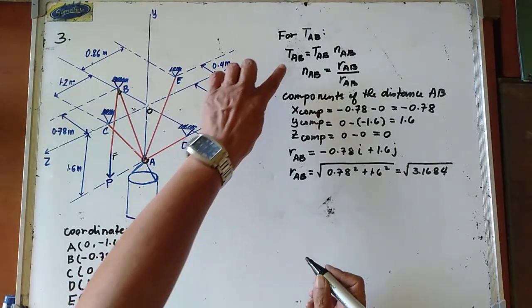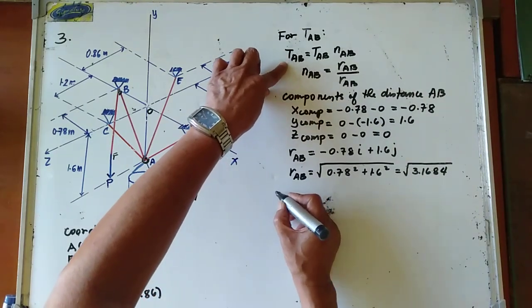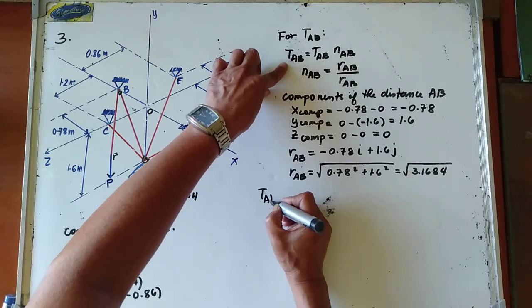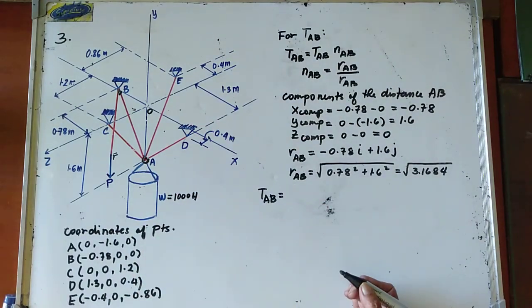Now, let's try to determine now your TAB in Cartesian vector form. So your TAB, so it is the magnitude of TAB.